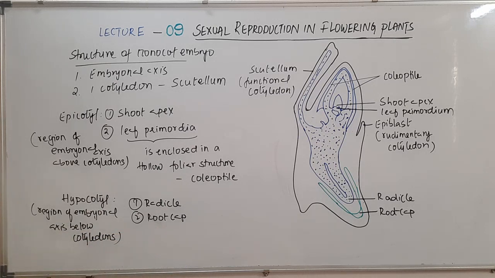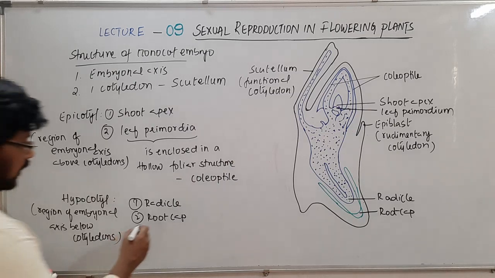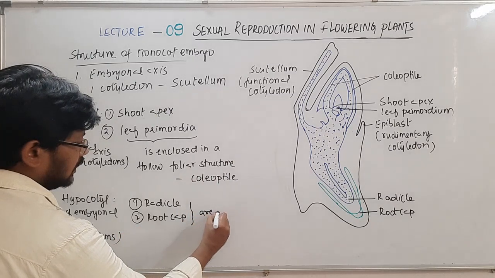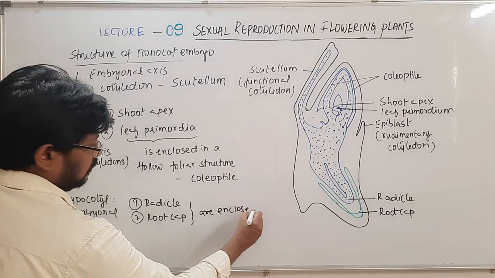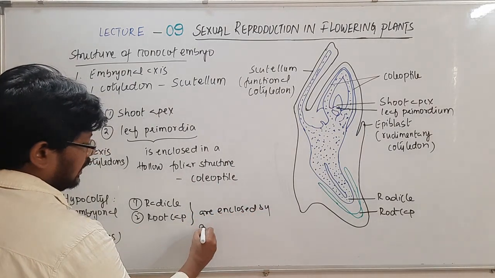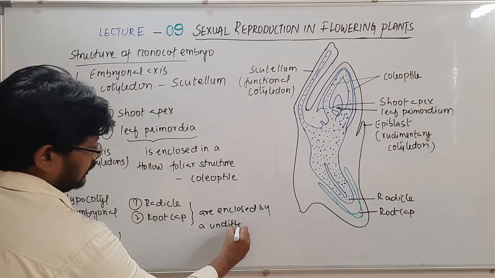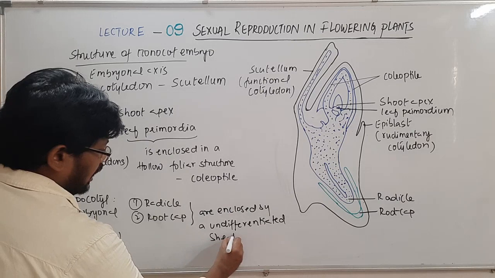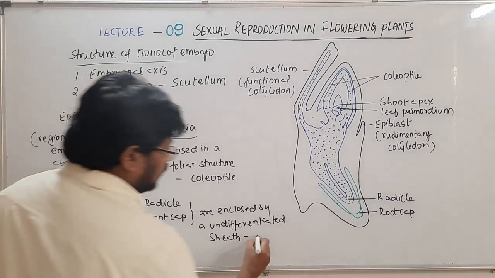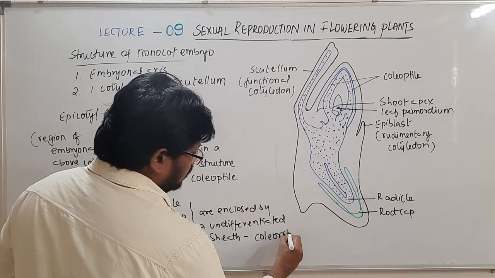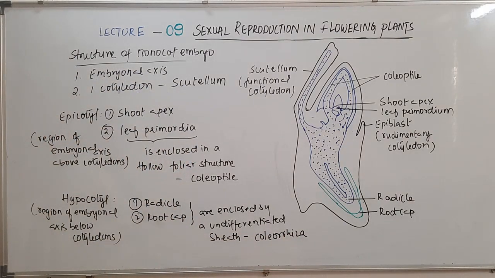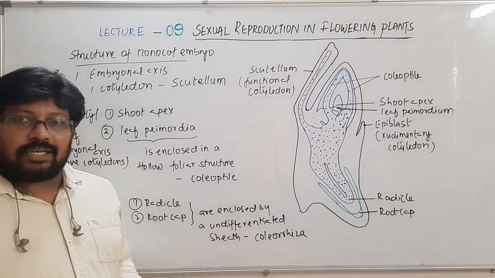So I can say that the radicle and the root cap are enclosed by an undifferentiated sheath, and that sheath is called the coleorhiza. We did not see the coleoptile and coleorhiza in the case of the dicot embryo.